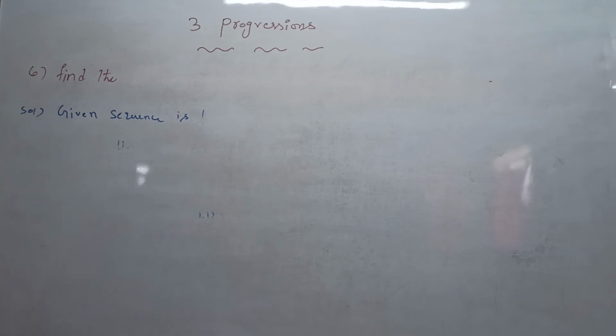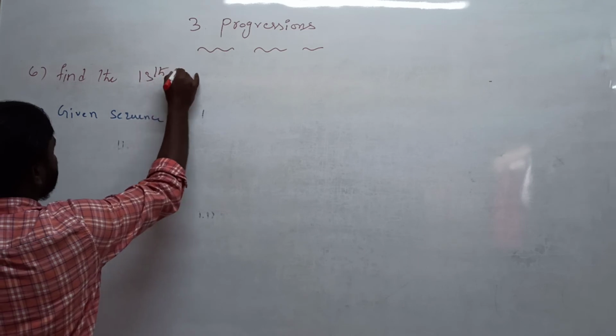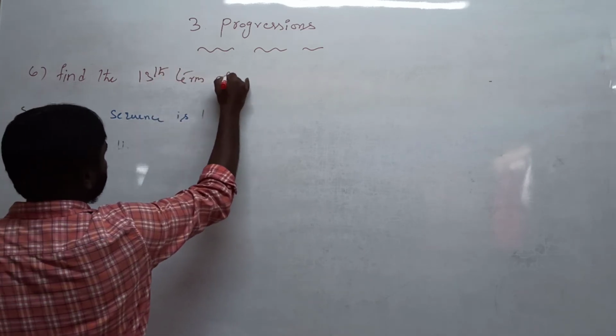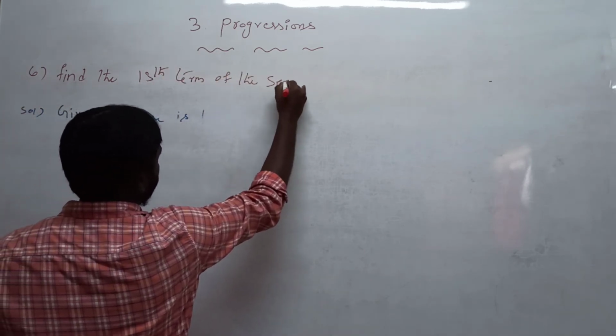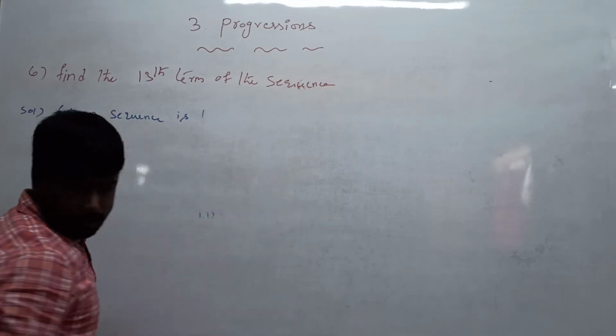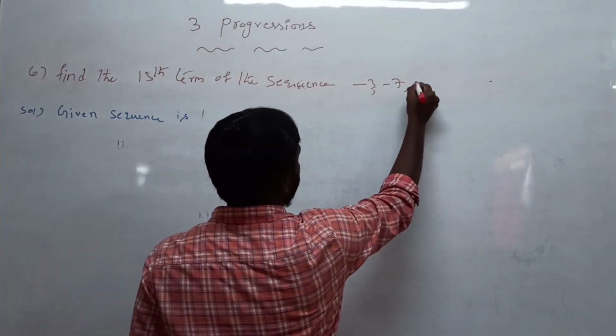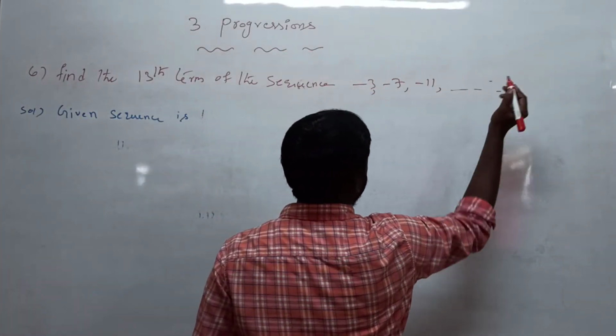Find the 13th term of the sequence: minus 3, minus 7, minus 11, and so on.